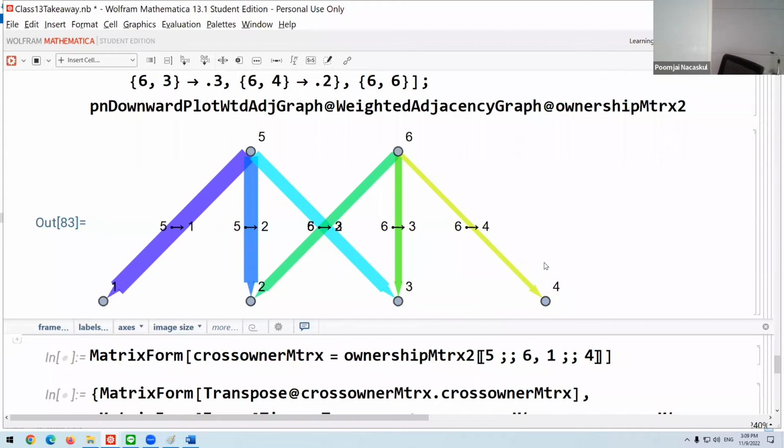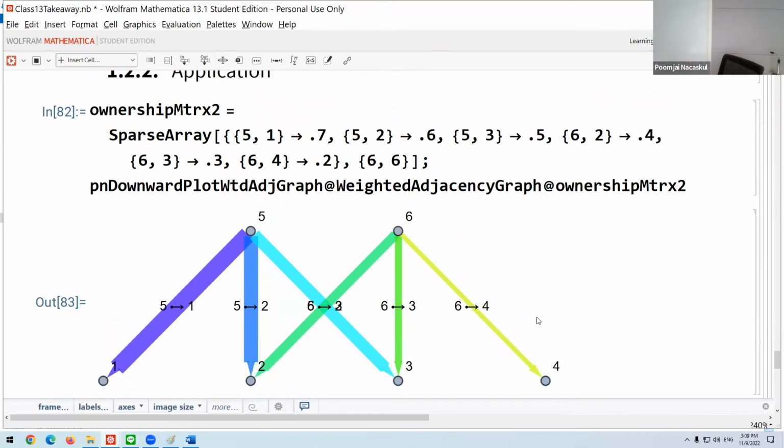But instead of counting how many times, what I want to do is take the weight. So imagine, now in this case, here's the number. A guy named 5 owns 70% of company 1. A guy named 5 also owns 60% of company 2.